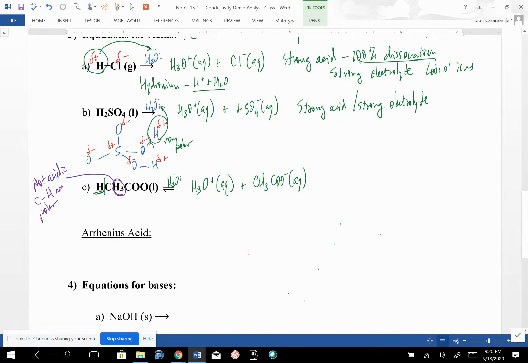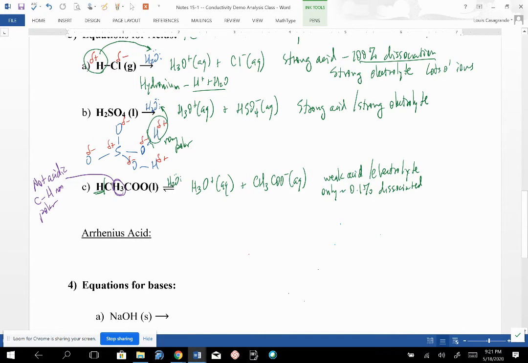Now, this is a weak acid. Remember, it had low conductivity, so it was a weak electrolyte. It's also a weak acid. And it turns out that it is only about 0.1% dissociated.